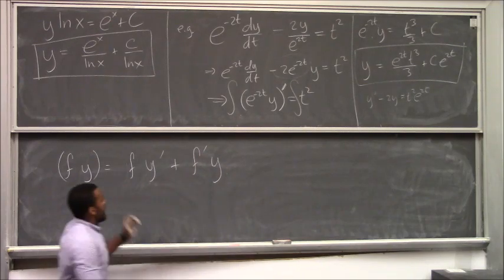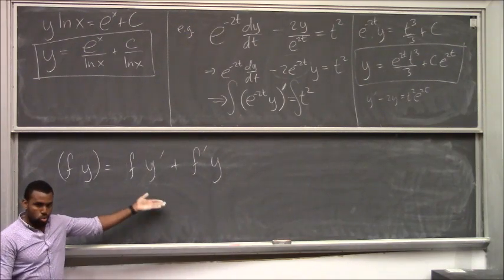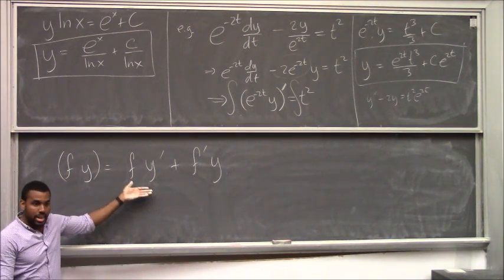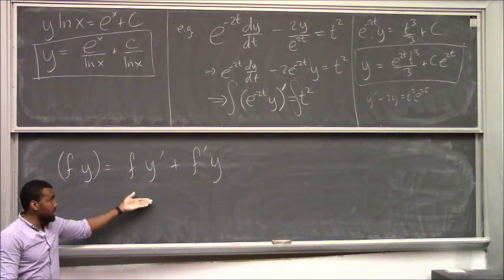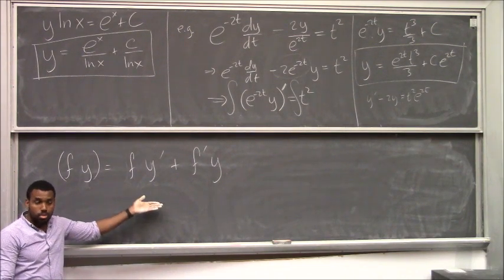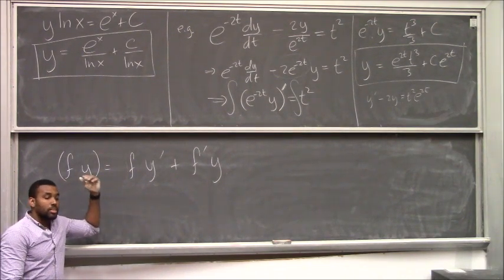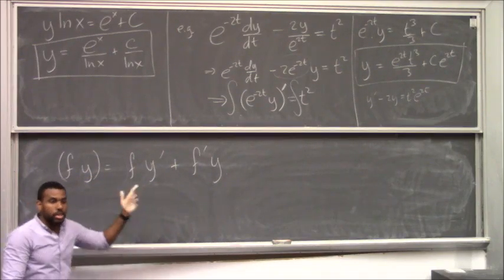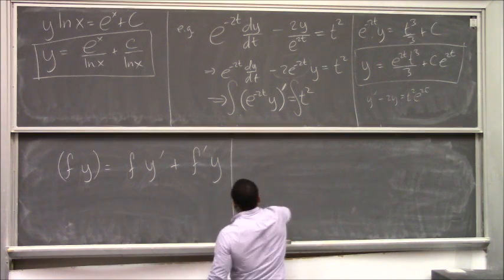Anything that looks like that I know is the product rule. So that's a pattern that I can see. Now the question is, does that pattern always show up? And the answer is no. However, the message of hope is you can force this situation. And let me show you how we're going to force this situation.